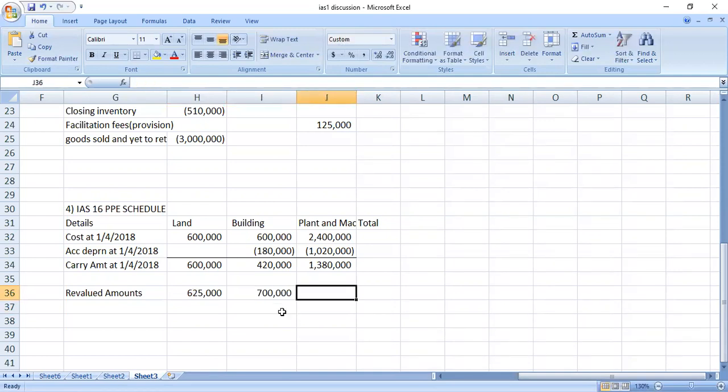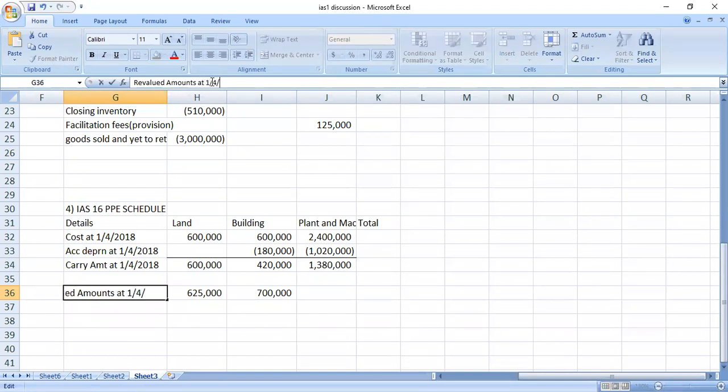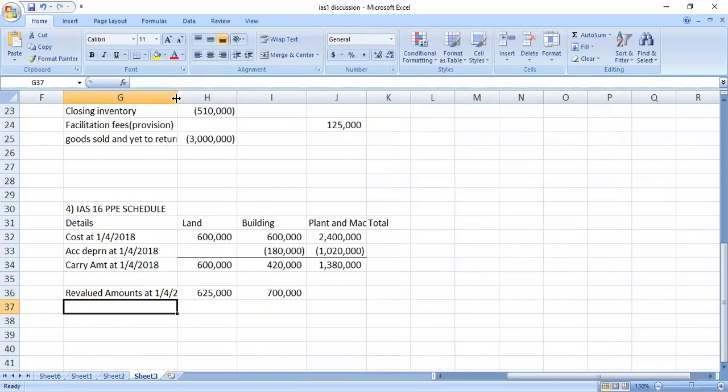They didn't say anything on plant and machinery, meaning that they didn't revalue plant and machinery. So we come here and compare the revalued amounts at 1st April 2018 and the carrying amount at the same date. Do we have a gain?